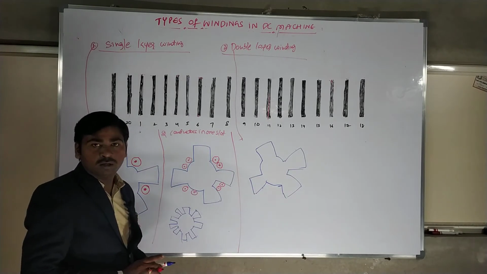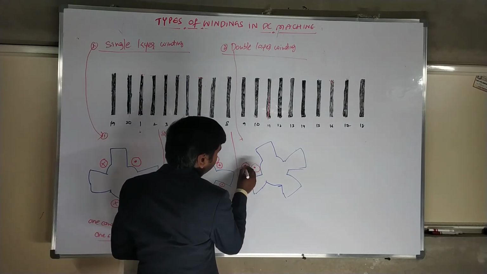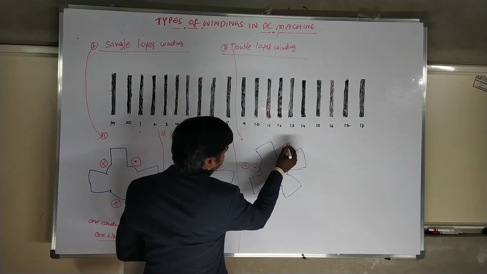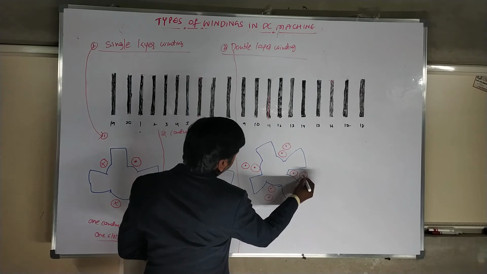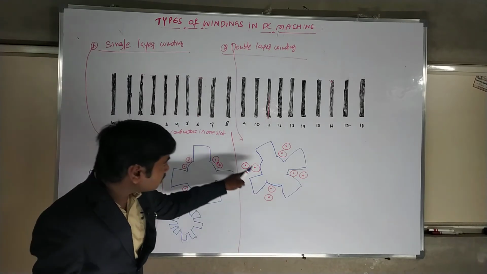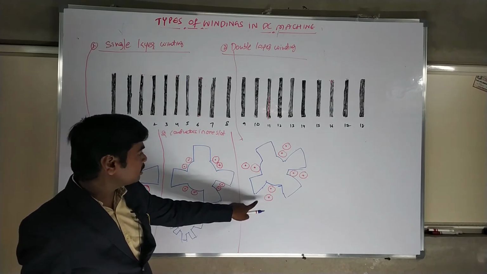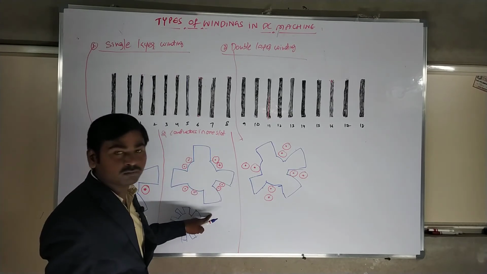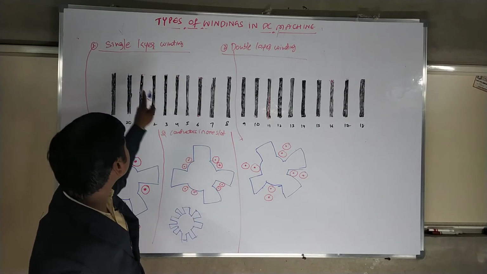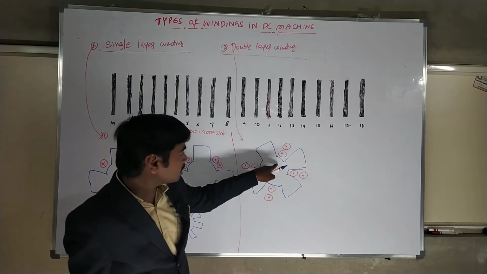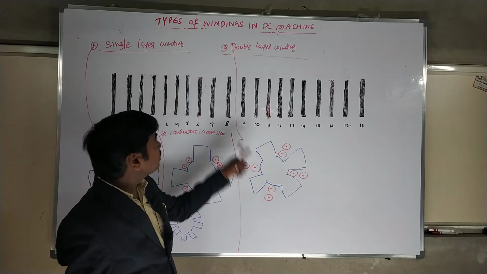In the case of double layer winding, you keep your conductors in such a way that there are two conductors in each slot, but the conductors are one on the other. This is two conductors in one slot, and this is also two conductors in one slot, but in the single layer case the conductors are side by side. That comes under single layer winding. Double layer winding is two conductors in one slot, one on the other. This comes under a double layer winding.